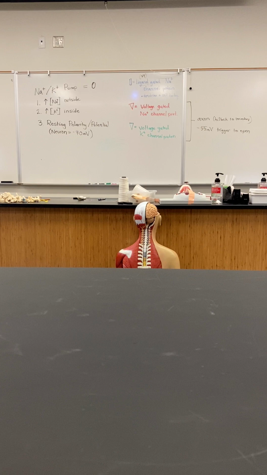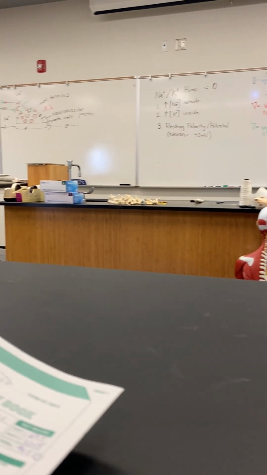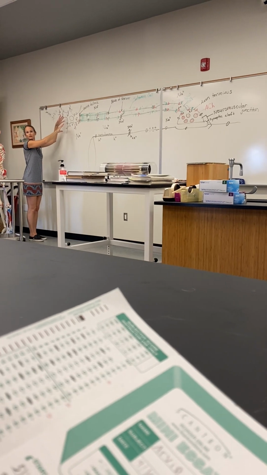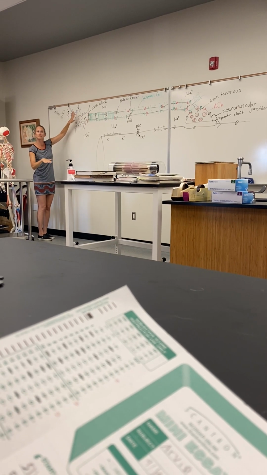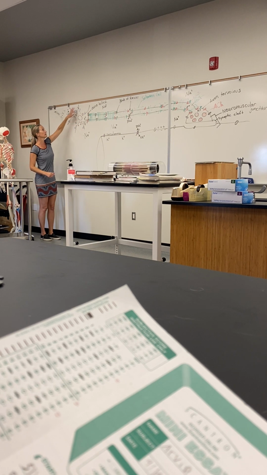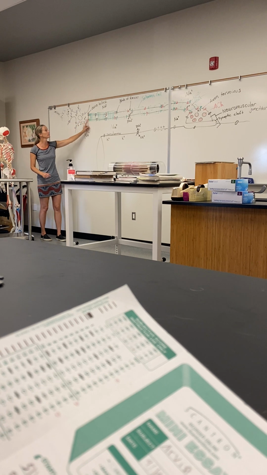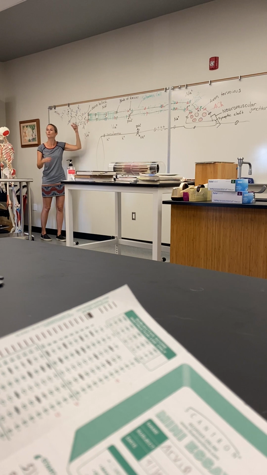So let's come back to what's happening here now. Sodium starting to diffuse into the cell body and the dendrites. The inside of the neuron here is going from -70 to a little bit more positive, a little bit more positive. At some point, it might hit -55. If and when it hits -55, nothing's going to happen up here. But the voltage-gated channel proteins at the axon hillock are going to open.